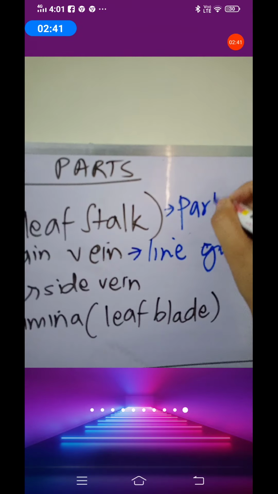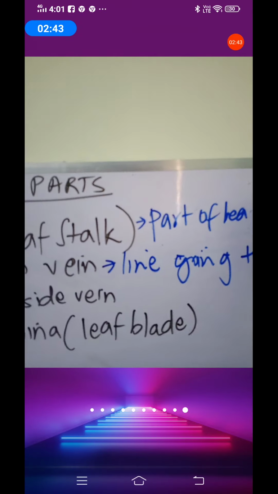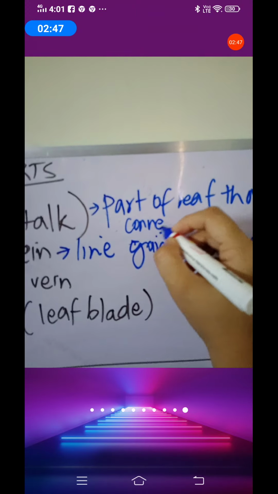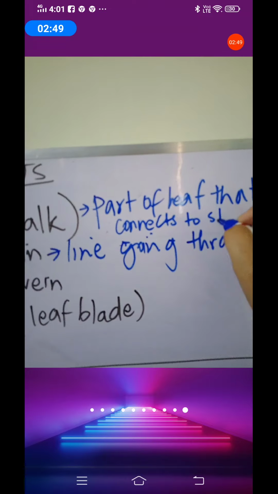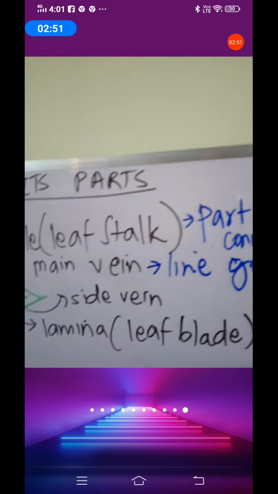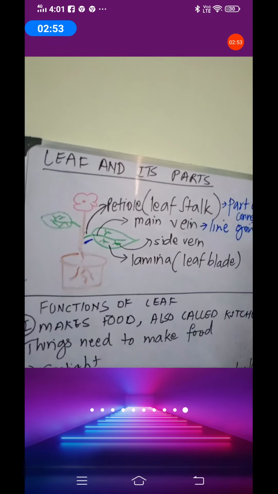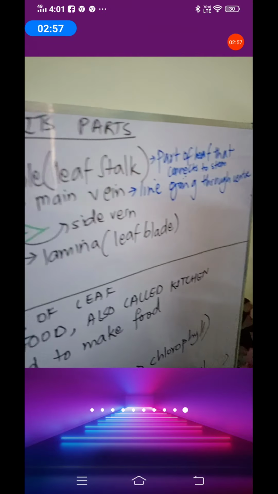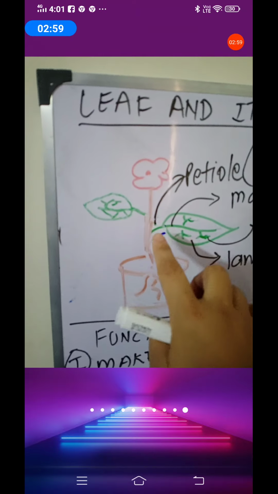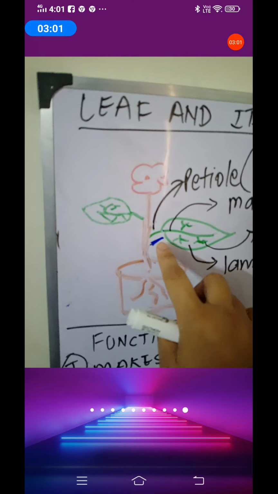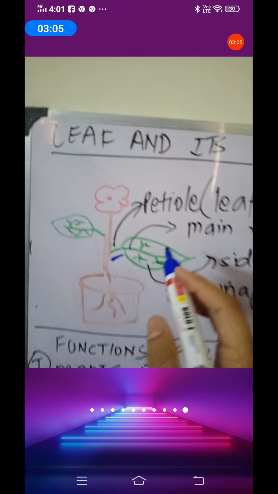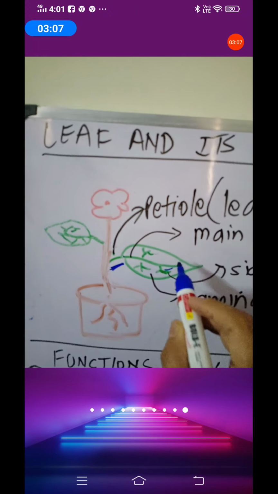Is it clear? So what is petiole? Petiole is part of the leaf that connects to the stem. So this portion is connected to the stem. What is the main vein? The main vein is the line going through the center.